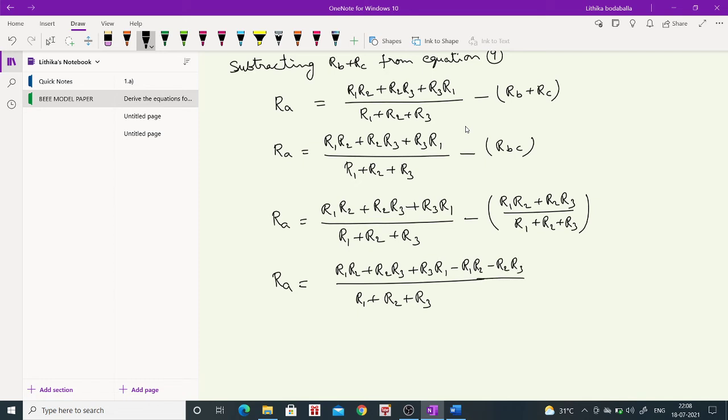If you subtract this, R1 R2 minus R1 R2 and R2 R3 minus R2 R3 will cancel, and you are left with RA is equal to R1 R3 by R1 plus R2 plus R3. So you got what RA is.